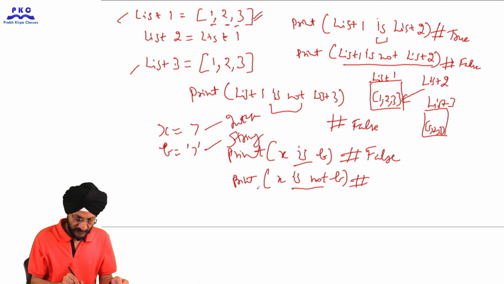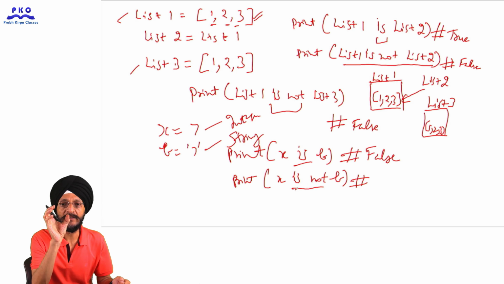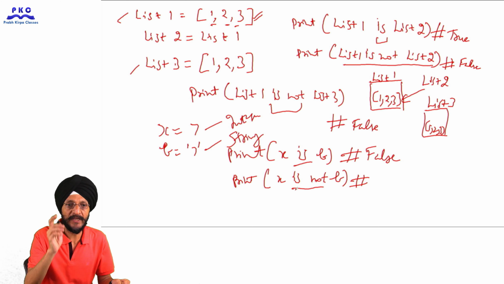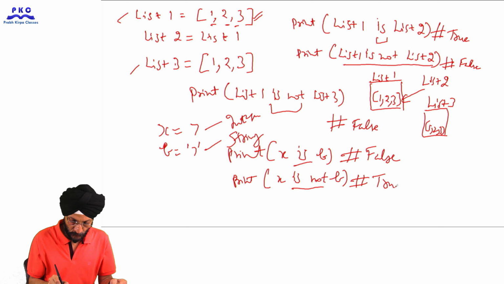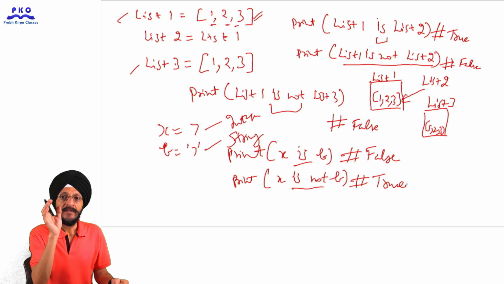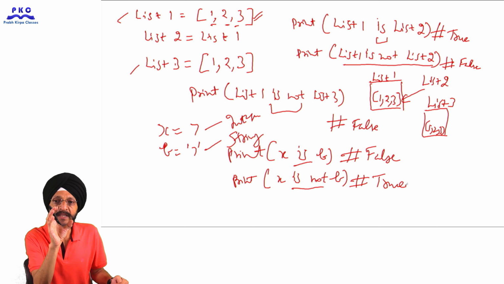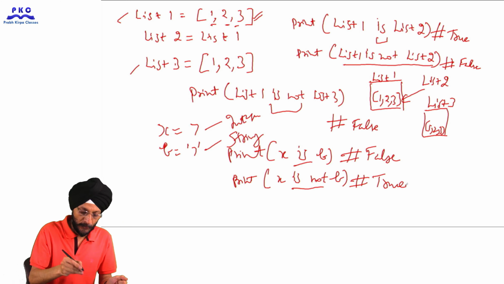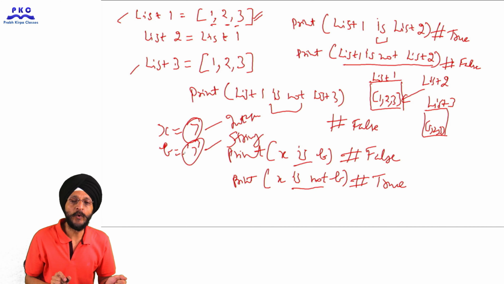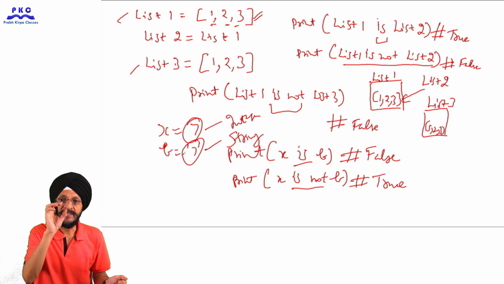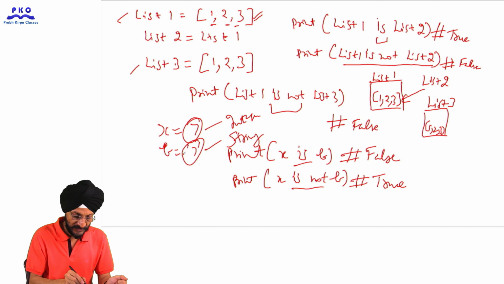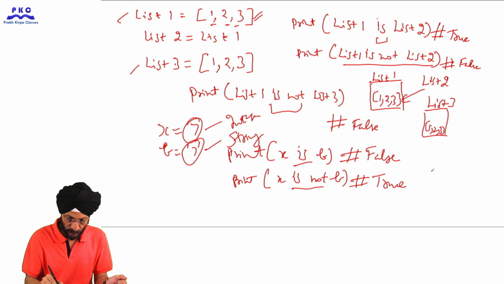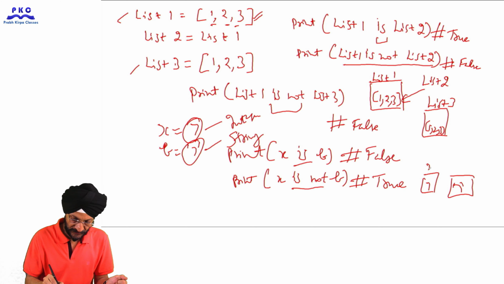If we use the is not operator and find out x is not b, the output will be true, because when the memory manager allocates the memory location, it will store both the objects differently, because in one case 7 is an integer value, and in the other case 7 is a string. So in both cases the memory location will be different.